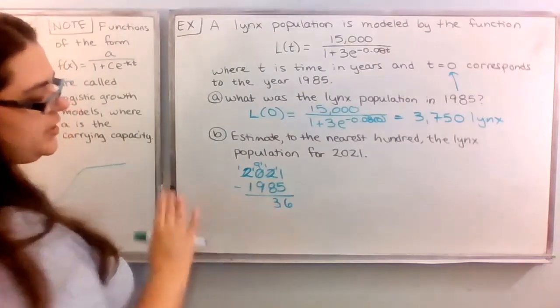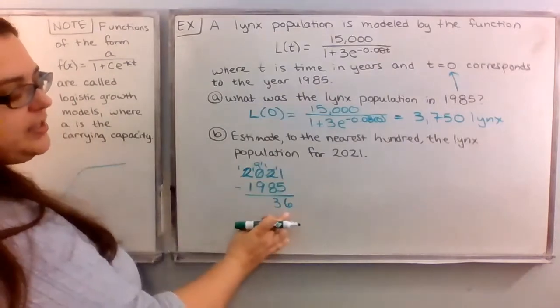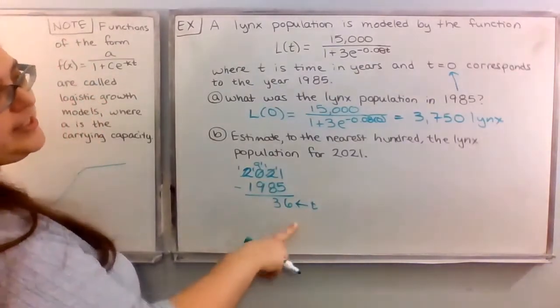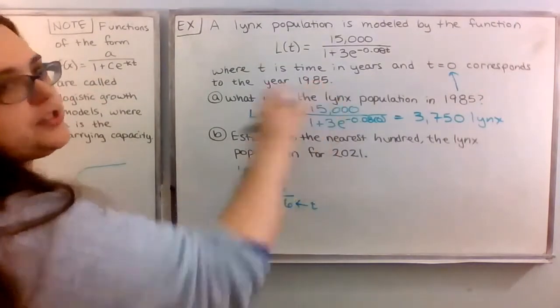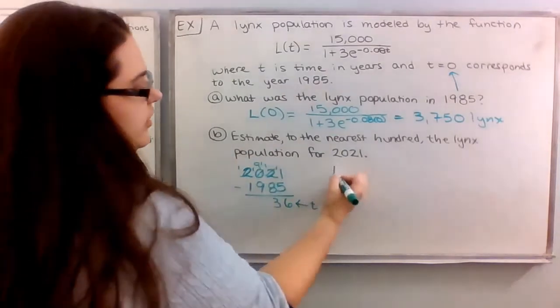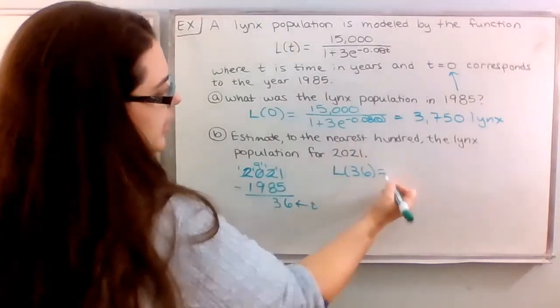So 36 is how many years it's been since 1985. So 36 is the value we substitute in for t, since t is not the year it is, but how many years it's been since 1985. So we're going to find L of 36 and substitute into that formula again.